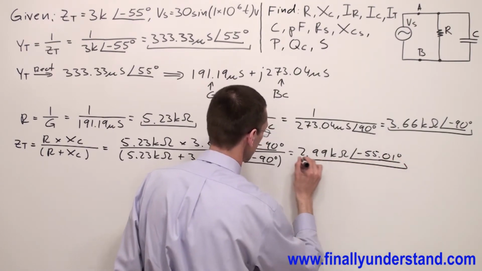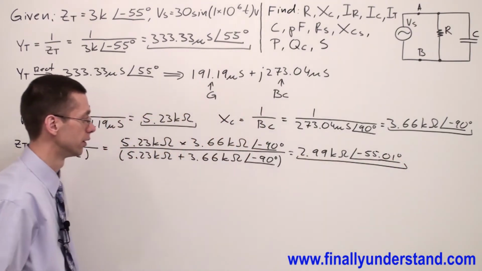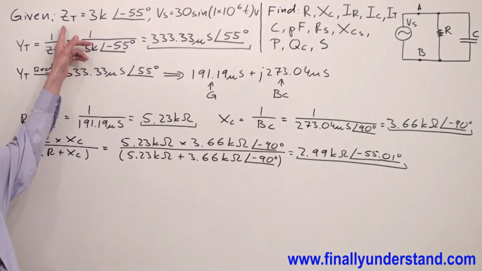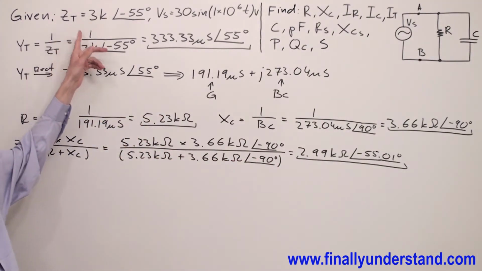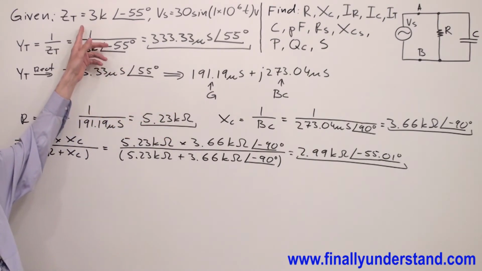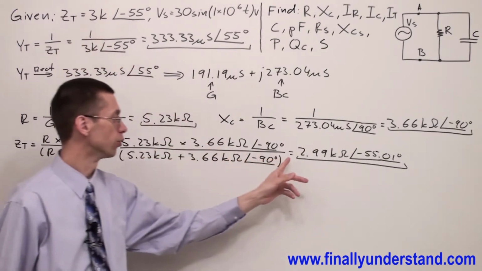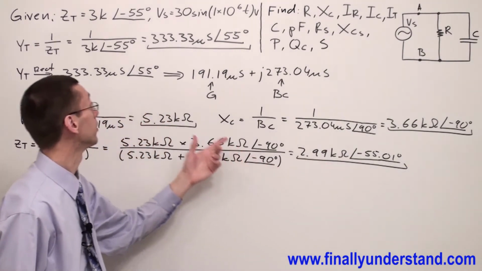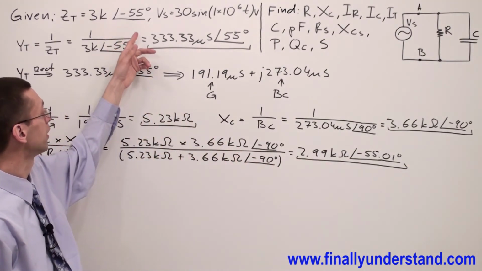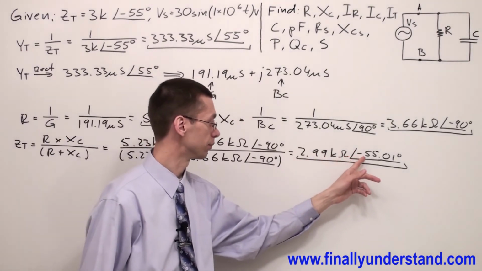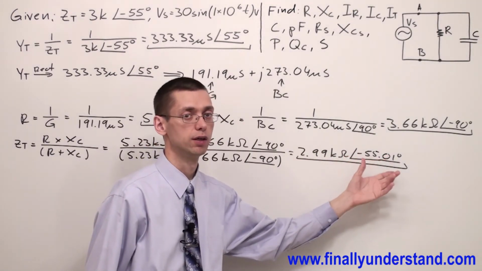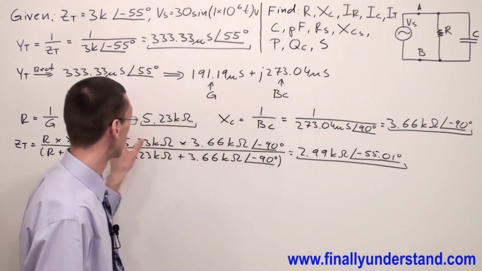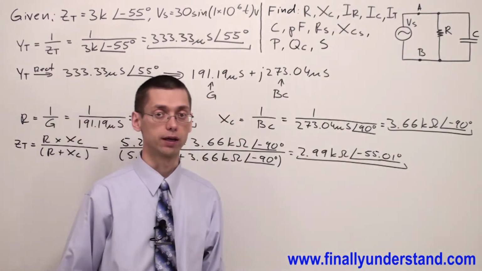If you are going to compare this answer with the given value of my Z total, you are going to see that they are almost identical, because 3 kilo and 2.99 kilo is almost the same value, and negative 55 degrees and negative 55.01 degrees is almost the same. So it means that our calculations are okay up to this point.